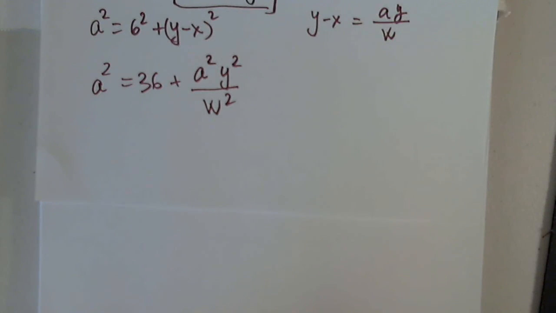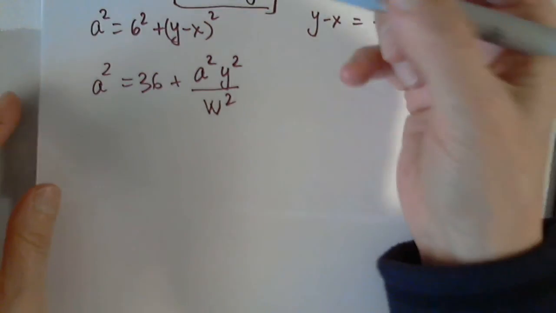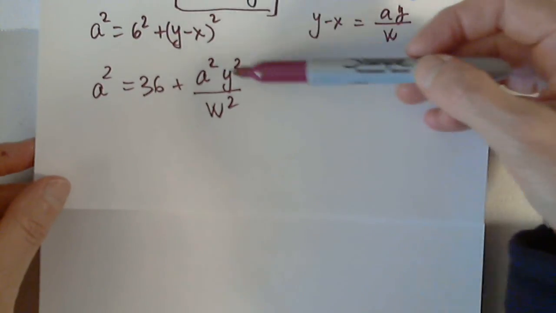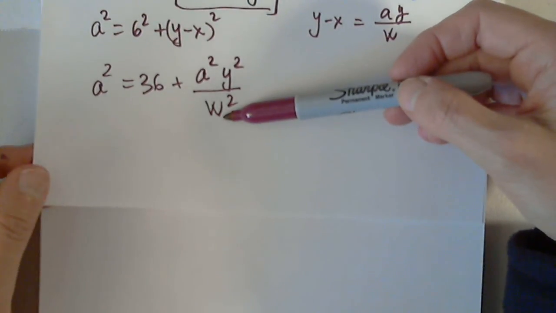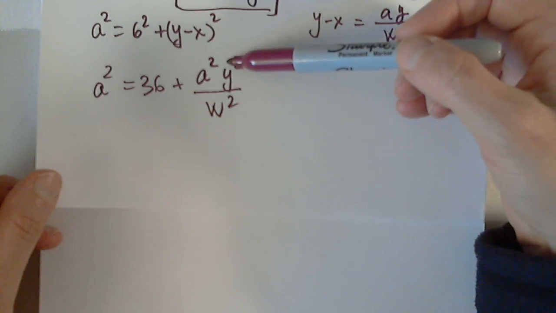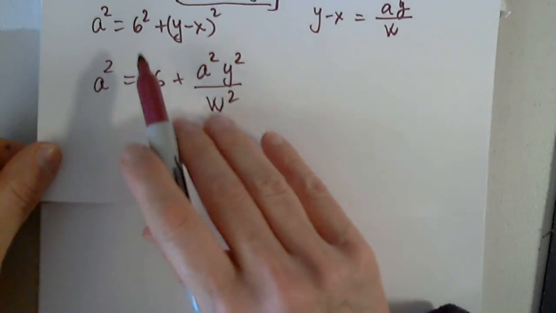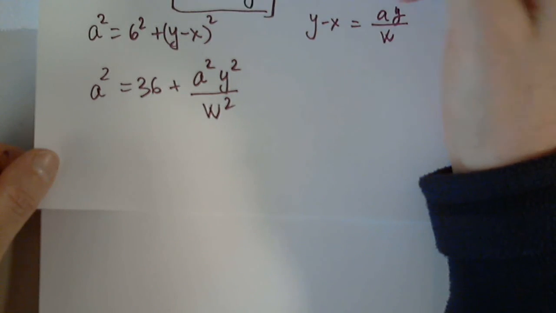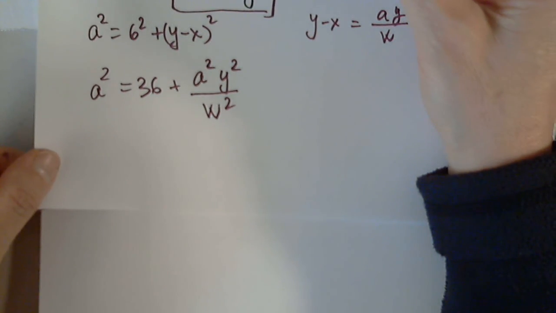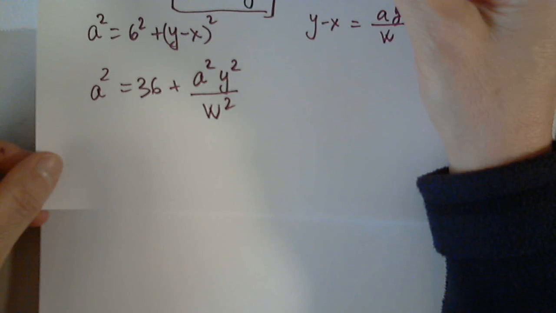Okay. Y, w I want, 36 I want, but I don't want a squared in there. Okay, I can go back there.